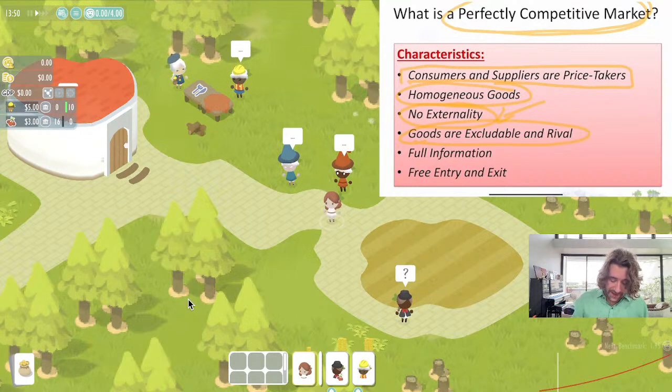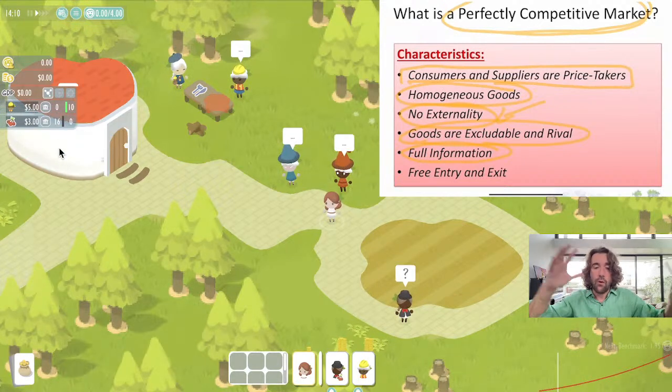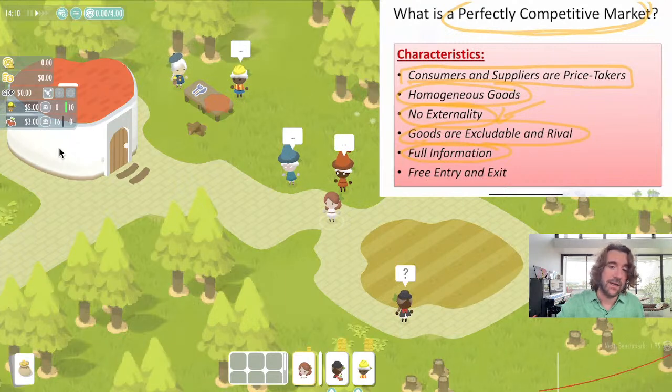Very well, and finally, we're assuming there is full information. The information that you see here, the prices, demand, and supply, all this is available to all the players in the economy. Every single agent has the same information, and it's full, perfect information. Now, free entry and exit. People, like our firm, can easily enter or exit the market.